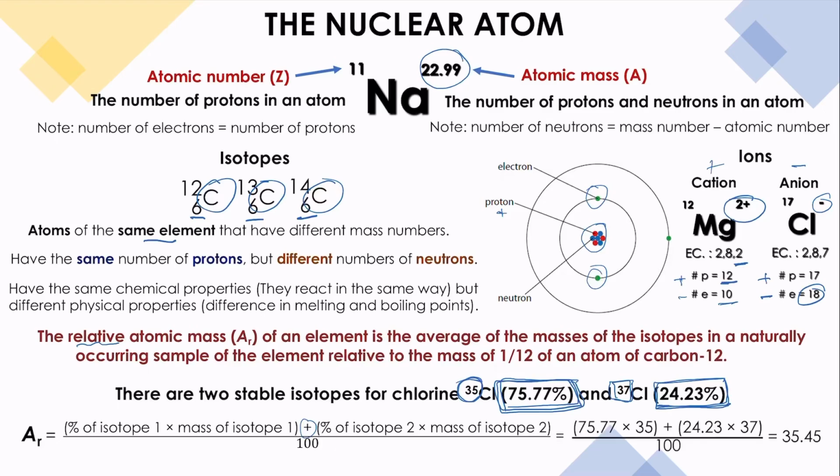So we will have 75.77 by 35 for the first isotope, plus 24.23 by 37 for the second isotope, all over 100.